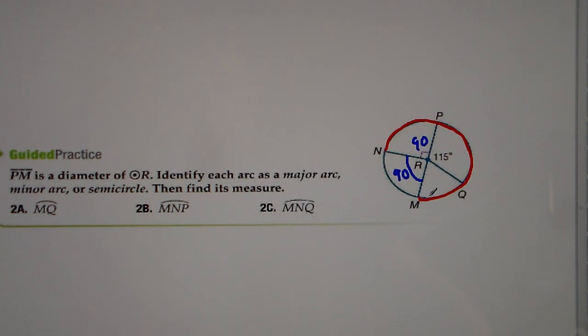Our red arc is 360 degrees minus that 90 degrees. So 360 minus that 90, and that will get us 270. Well, just to confirm it, I'll put it in the calculator. 360 minus 90. That gets you 270 degrees.